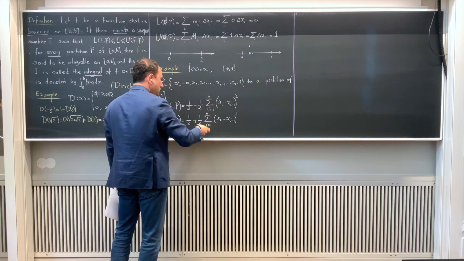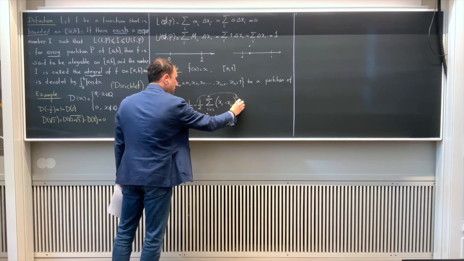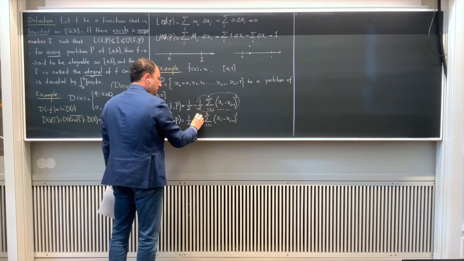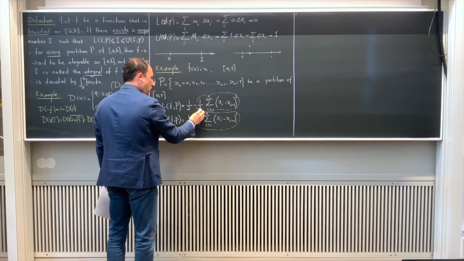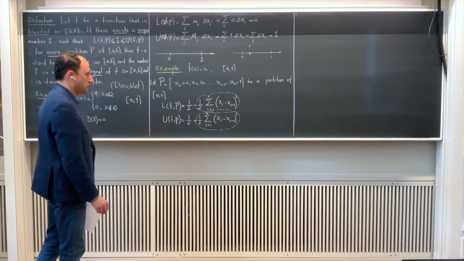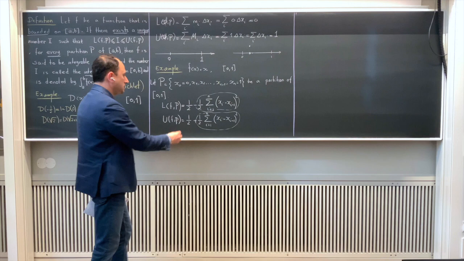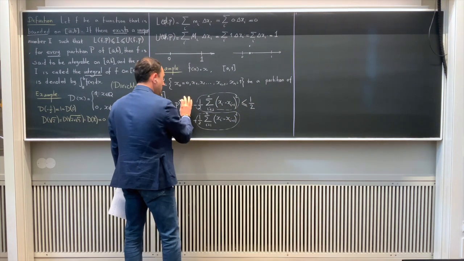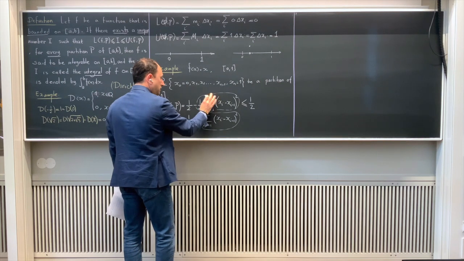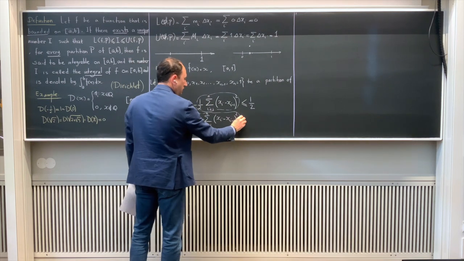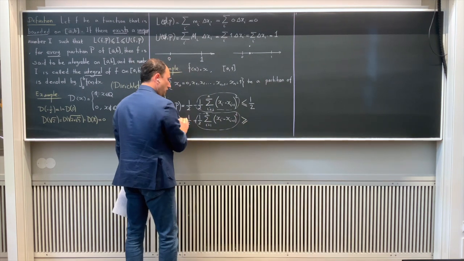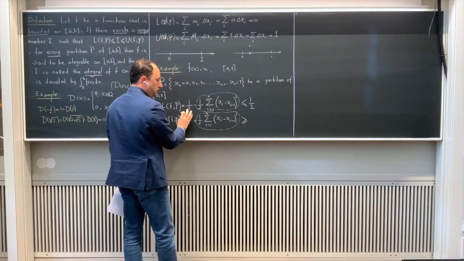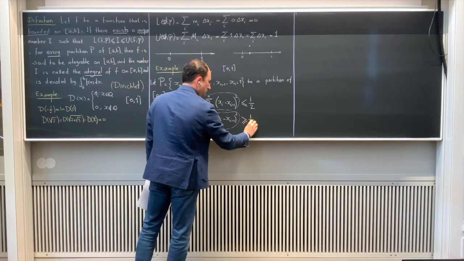So it's guaranteed that this combination that appears here and there is a positive number. Yes? So this means that the lower sum is less than or equal to 1/2, because this is 1/2 minus a positive number, and the upper sum is greater than or equal to 1/2, because that is 1/2 plus a positive number.